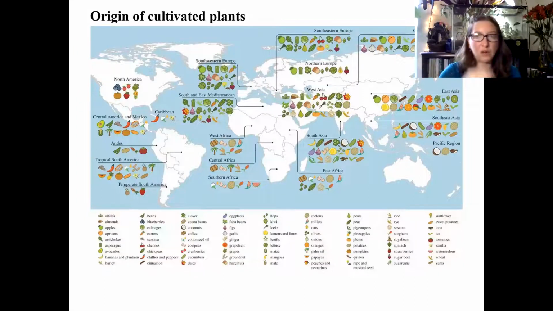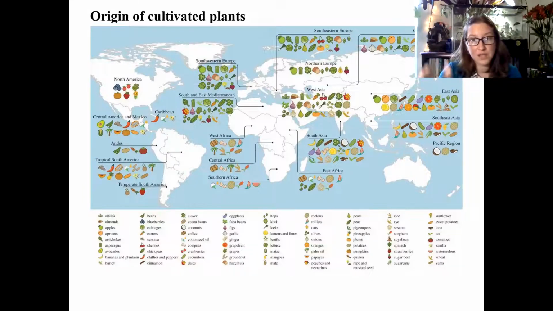Let's say you eat a rice and you're like, I don't really like this rice so much. Then you eat another rice and you're like, ooh, this rice tastes way better. So you'll probably cultivate that type of rice and try to mimic it over time. That's what we mean by cultivation or domestication.